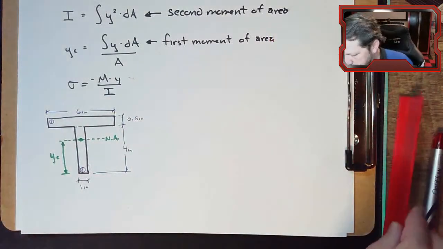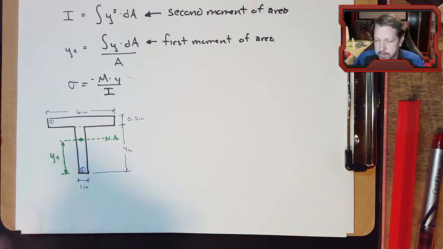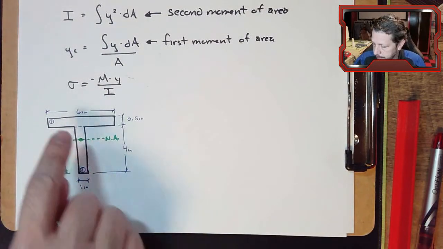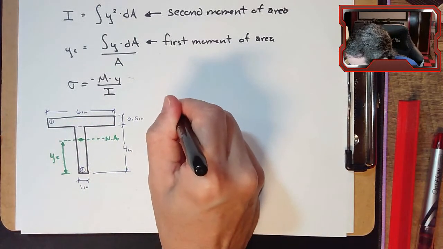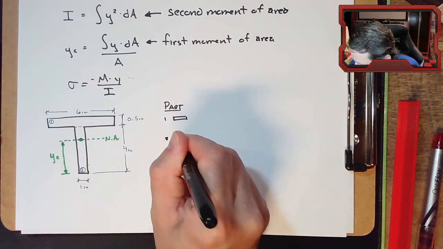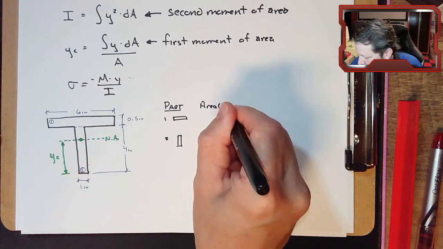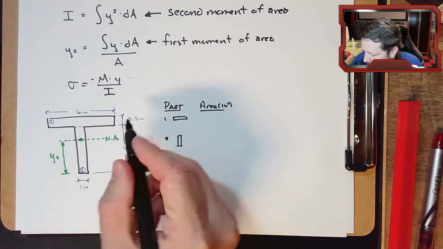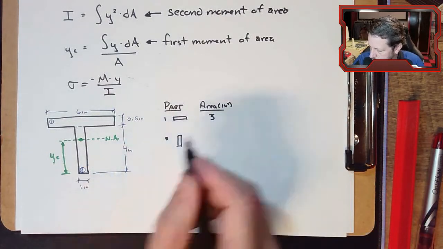So let's do our little table over to the side here to figure out where the location for the centroid for this T-shape is. We just have two parts. Part 1 is the flange, part 2 is the stem. They each have an area. The area of part 1 is 6 times 0.5, so 3 square inches. 4 times 1, 4.